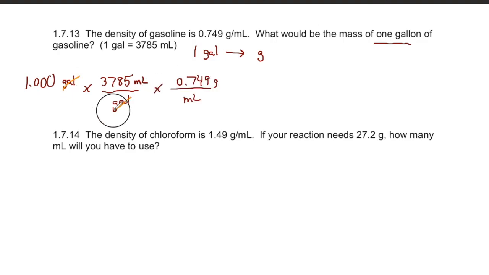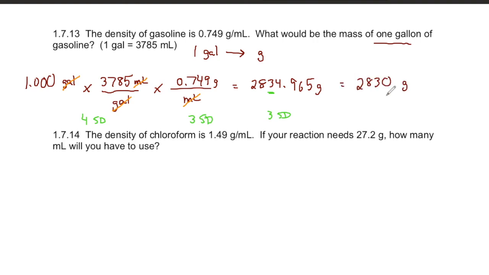Now we have the gallons canceling and the milliliters canceling, and we get 2,834.965 grams. Even though we're assuming 4 significant digits over here, our density only is known to 3 significant digits, so we're going to have to round this to 3 significant digits and report this as about 2,830 grams.